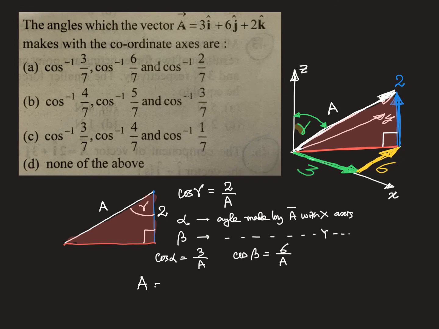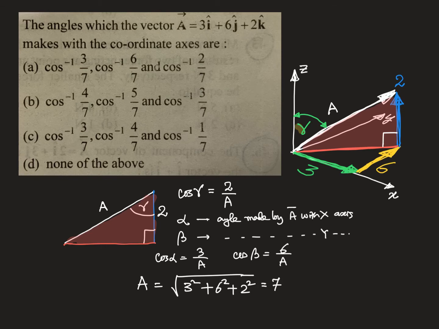The magnitude of A is obviously root over of 3 square plus 6 square plus 2 square. You can calculate that. How much will you get? I think you'll get 7.